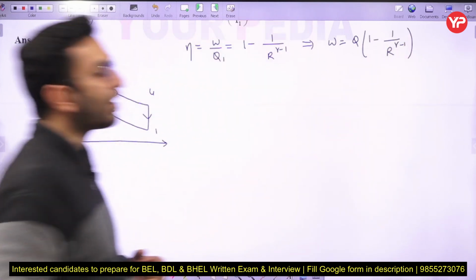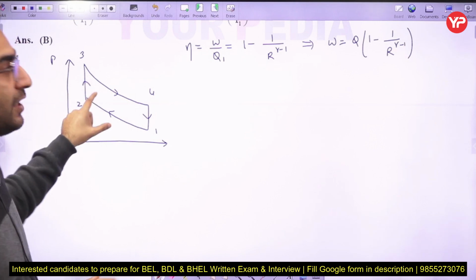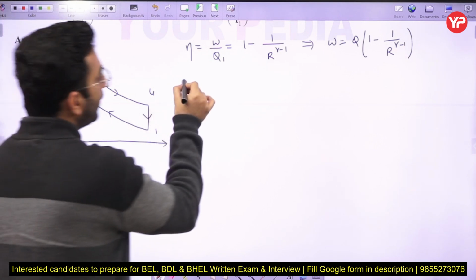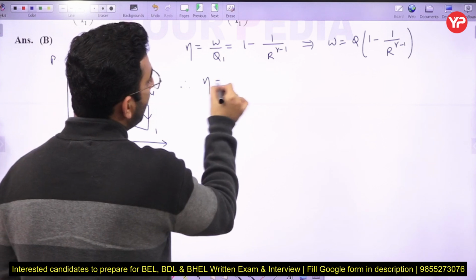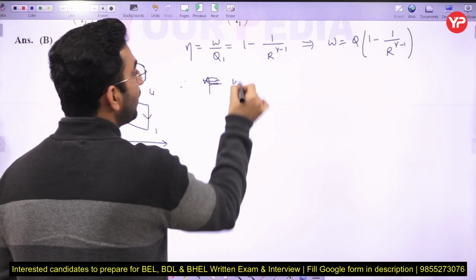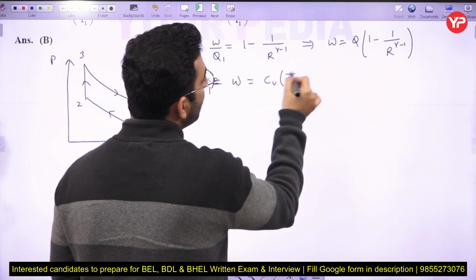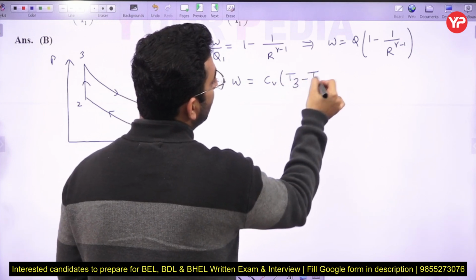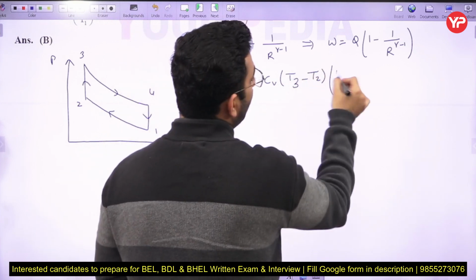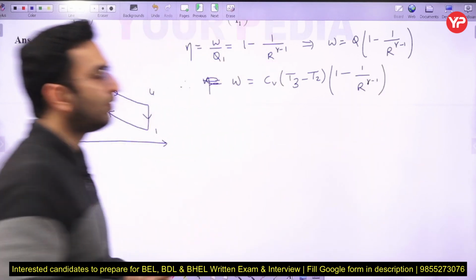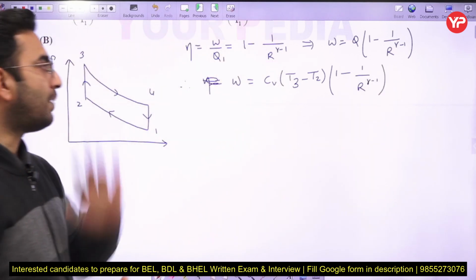We already know the heat addition takes place at a constant volume in the case of the Otto cycle. Therefore we can write the work formula as Cv into T3 minus T2, into 1 minus 1 upon R to the power gamma minus 1. That is how you can simplify this expression.